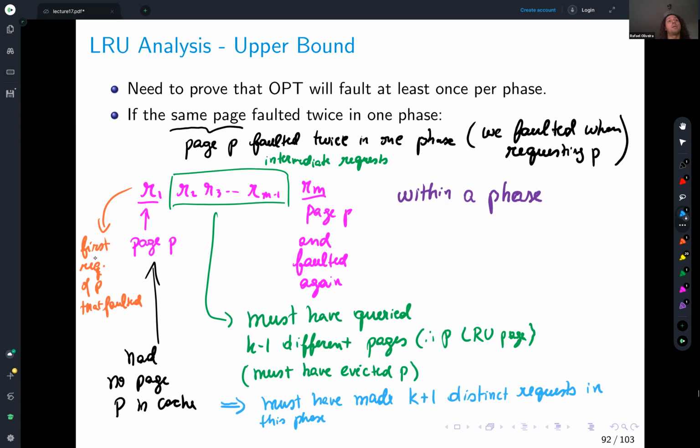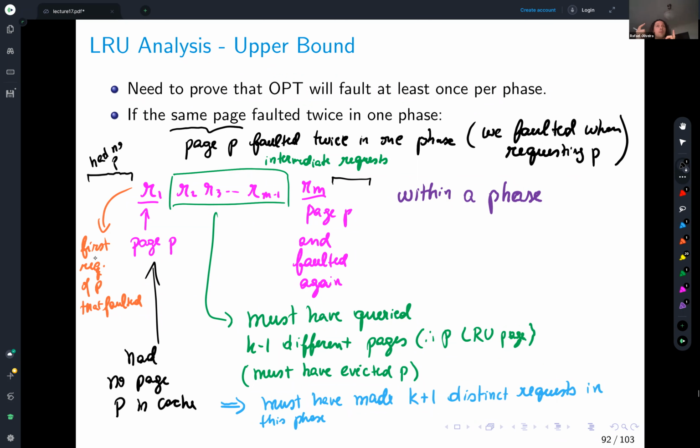Why do I have k plus 1 distinct and not k? Because we have to look at what happens in the phase. There is this part of the phase and there's this part of the phase. Now, in the beginning part of the phase, we had no P.